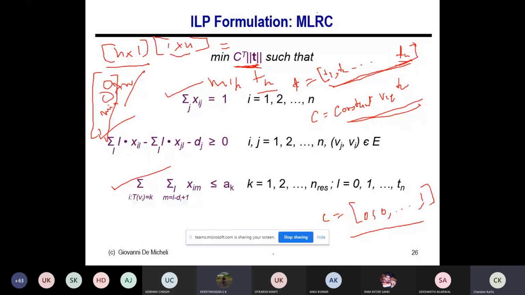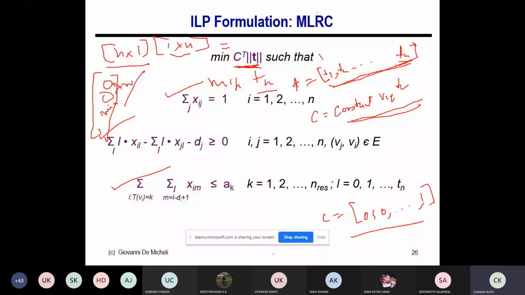So basically the T array will have the start time of each operation, in this case 1 2 3 4 5. Say operation 1 starts at 1, operation 2 also starts at 1. Tn is not known to us. I try to find the values of T1, T2, T3, Tn in such a way that this particular expression becomes minimum.